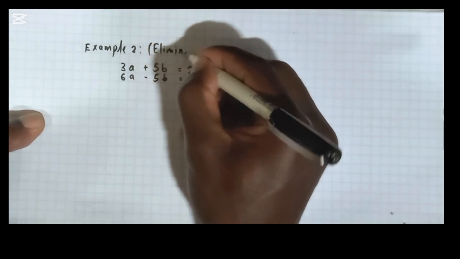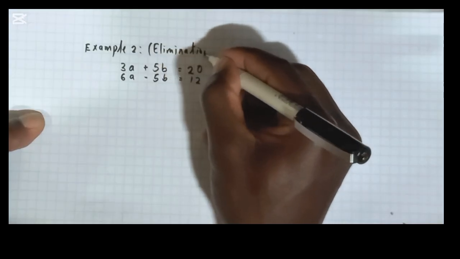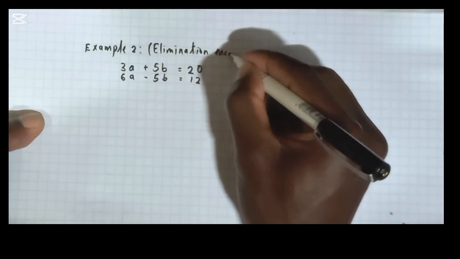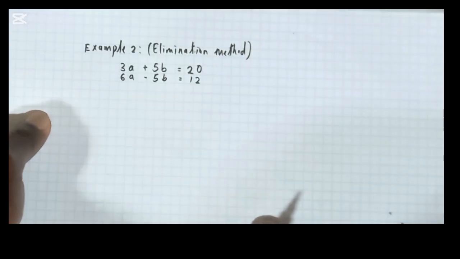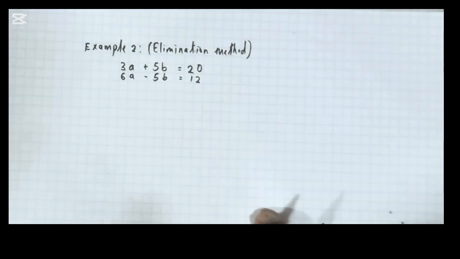Remember, we are handling equations with two unknowns in this class today, which gives us a very special set of equations called linear simultaneous equations.